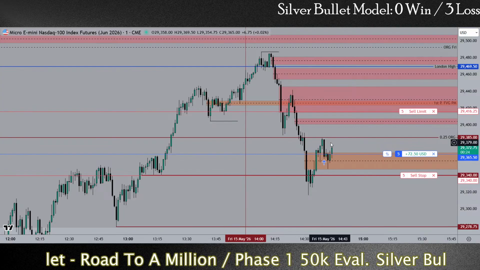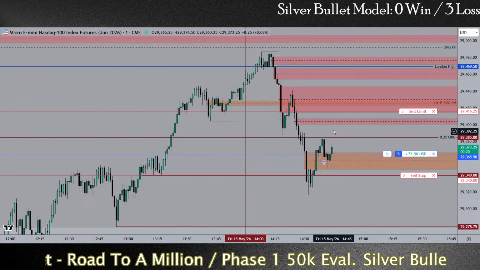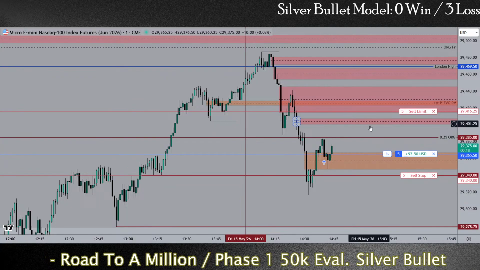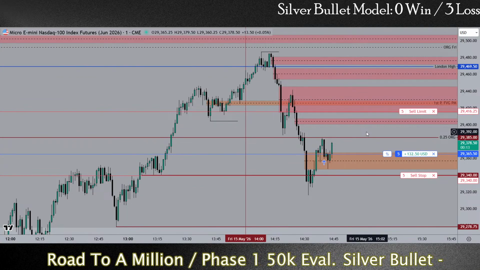A quick run above this short-term high would pretty much confirm that this should be all good. It should be all right.